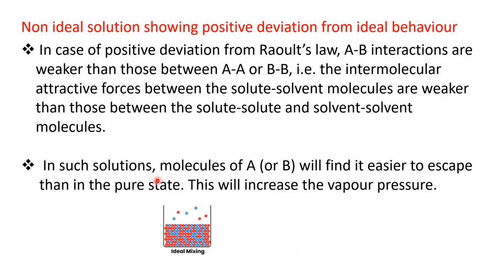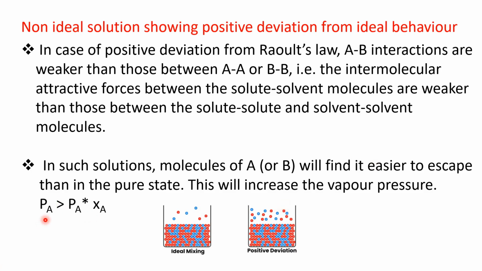So this is ideal mixing, but for positive deviation, more component molecules are in the vapor phase, so the partial vapor pressure increases. Therefore, the partial vapor pressure of solvent component A is greater than that given by Raoult's law. Similarly, the partial vapor pressure of B is also greater than that given by Raoult's law.